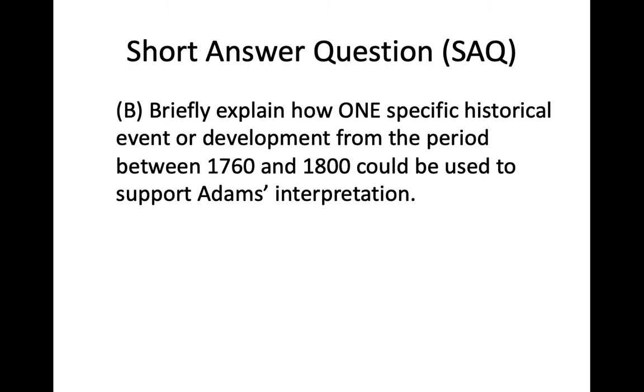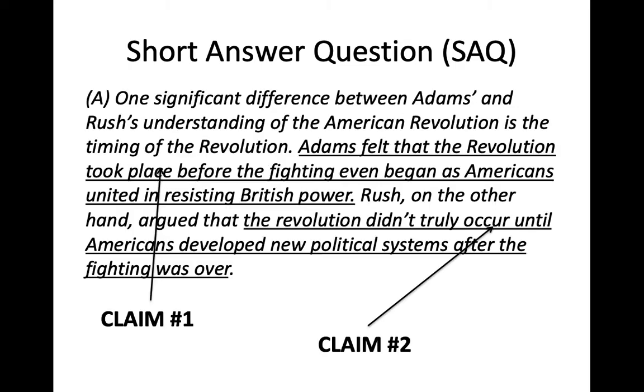So here's B. Briefly explain how one specific historical event or development could be used to support Adams's interpretation. The claim that Adams made was that the revolution took place before the fighting even began, as Americans united in resisting British power.